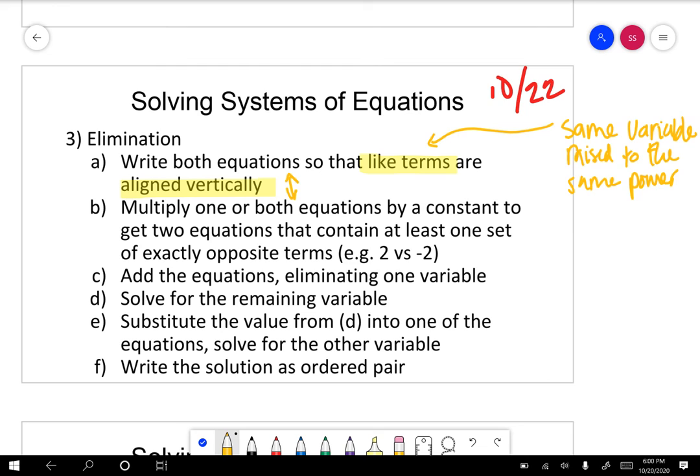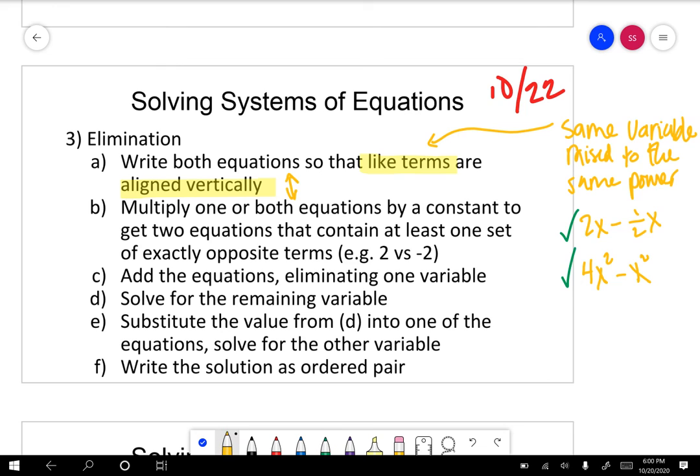For example, you could do 2x minus 1/2 x, or you could do 4x squared minus x squared.